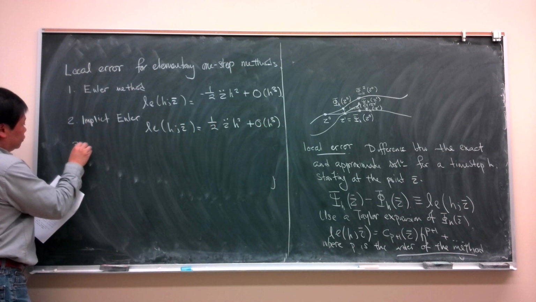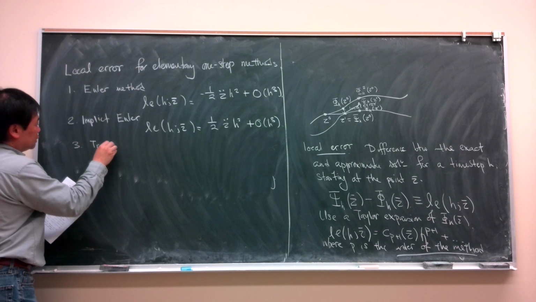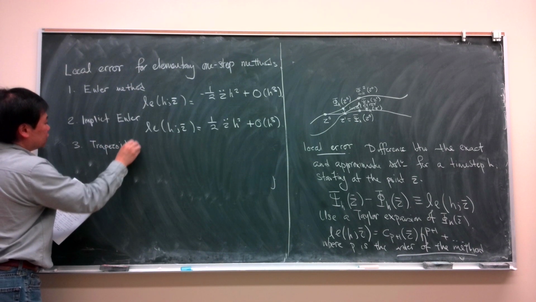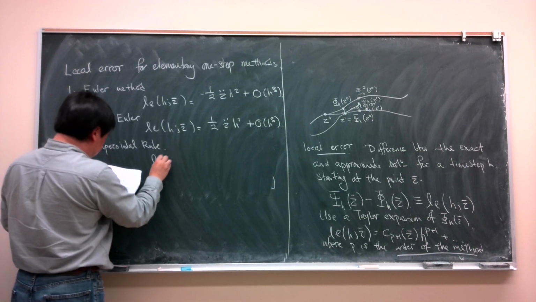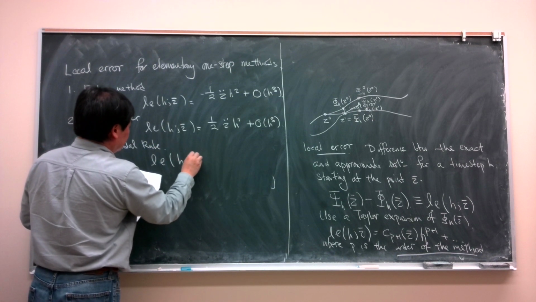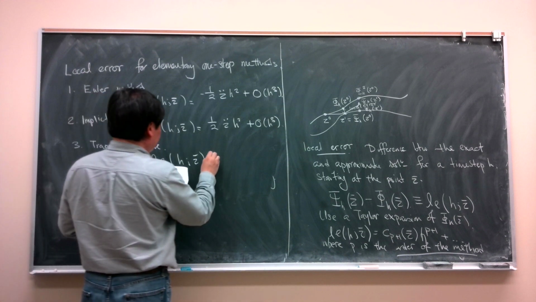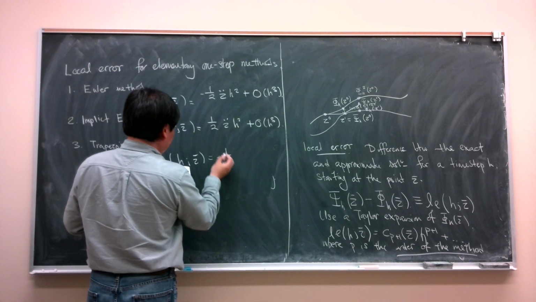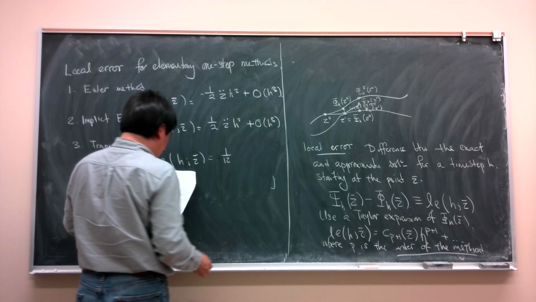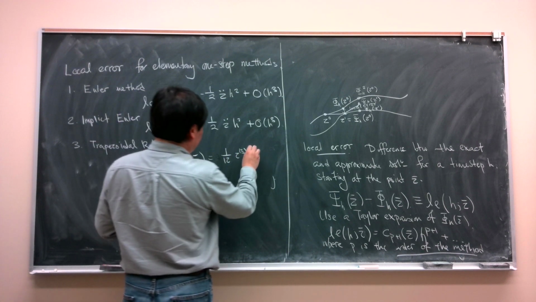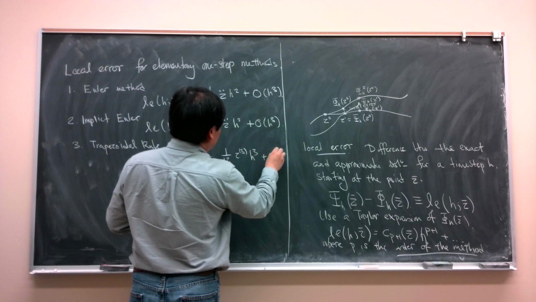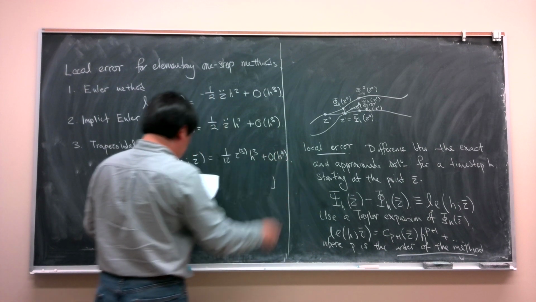The trapezoidal rule local error is, actually, sorry, 1/12 the third derivative of z, h cubed plus big O of h to the 4.